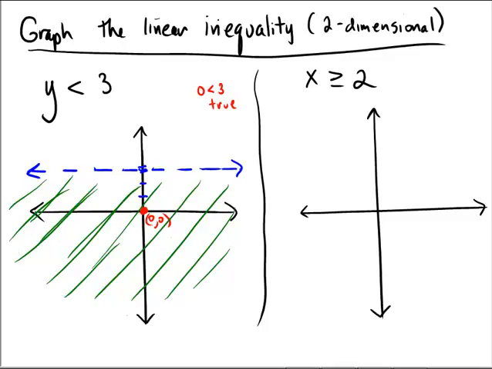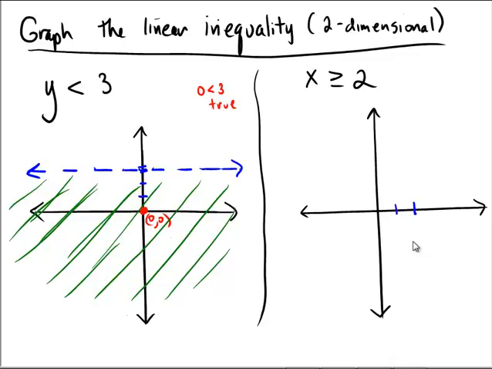Okay, and this one deserves an extra problem. Let's see if we can do an extra problem here with a different version, a different direction. x bigger than or equal to 2. So now we're on the x-axis. I'm going to go out to x is 2, which is located right there. And then I'm going to draw in the line x equals 2.